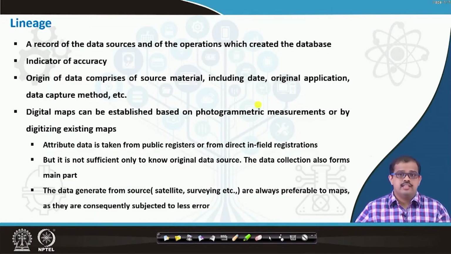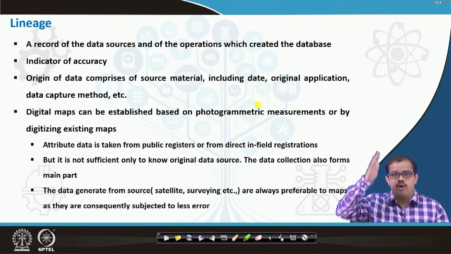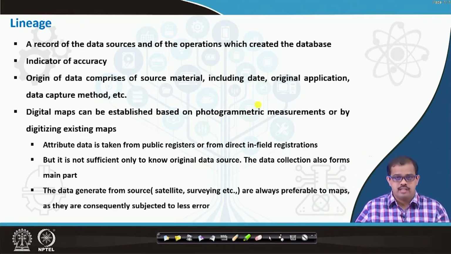The next thing that we have to understand is lineage, how the record of that particular data has been created in the database, then how it has been transferred, how it has been used, applied, and now used by someone else. So how it has come over age, that we have to look at in terms of lineage. So it is also an indicator of accuracy.